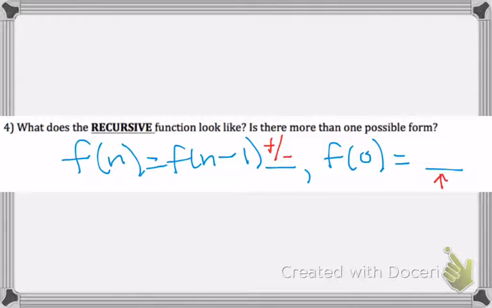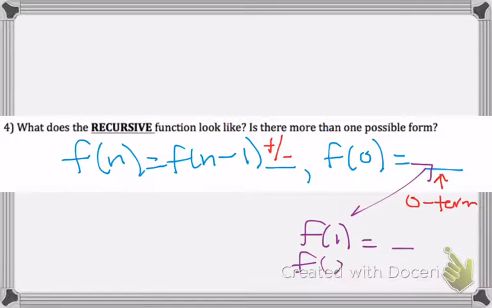And then here this would be your 0 term. Now, keeping in mind that you can also, right here, go and put in f of 1 equals something, or f of 2 equals something. You can have anything in there as long as it is recursive.